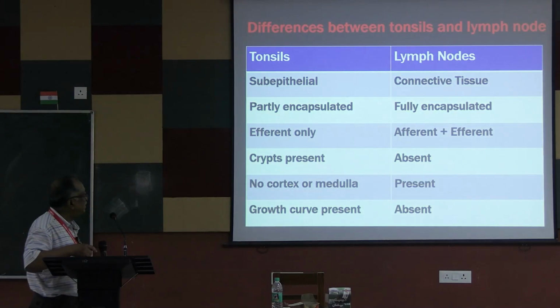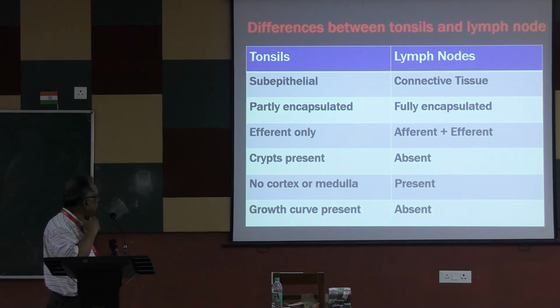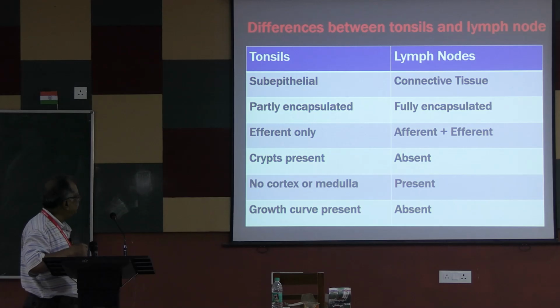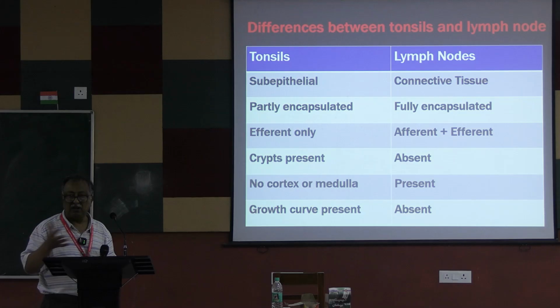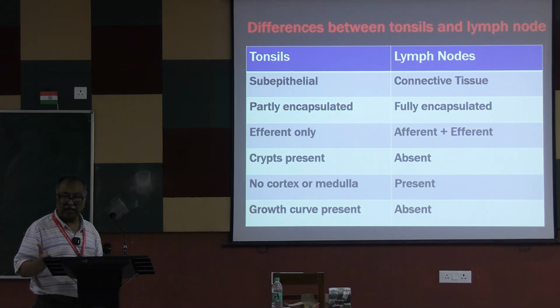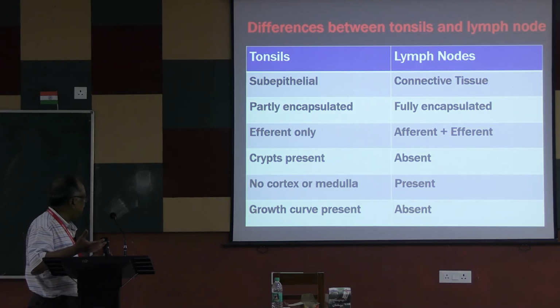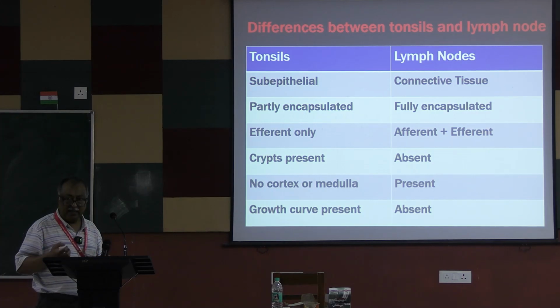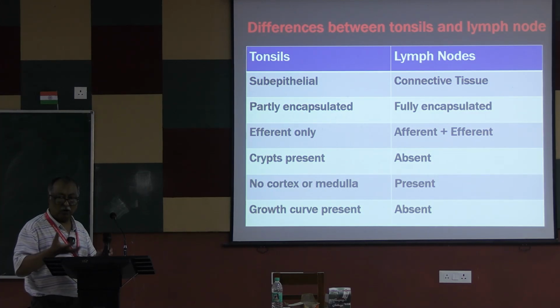The difference between tonsil and lymph nodes was a very common question. You see, tonsils, adenoid and Peyer's patches, which I have already told in the intestine, are all subepithelial, and a lymph node is connective tissue, and mostly a lymph node has afferent and efferent vessels. The tonsil has only efferent, because the afferent comes from the surface; they are exposed to the atmosphere, and everything is taken in from the outside or from the surface.